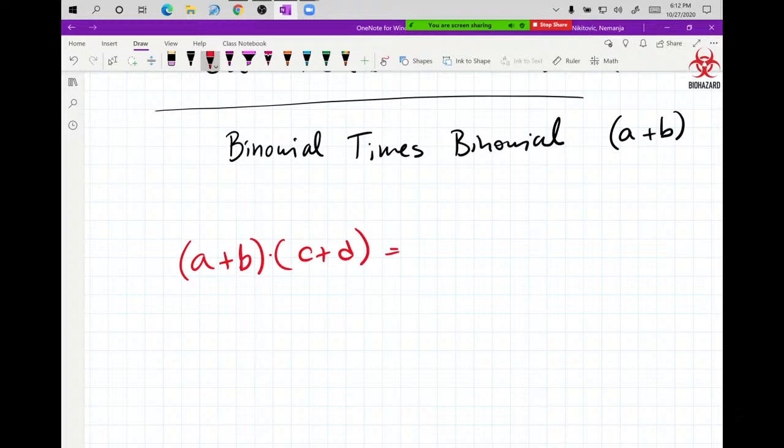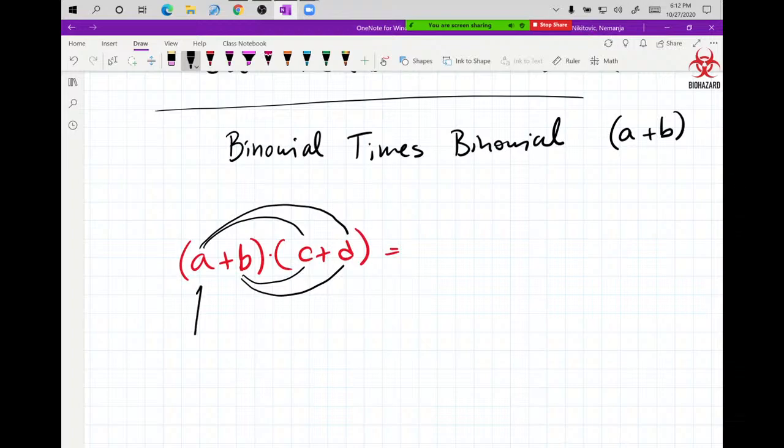And the way this is done is you distribute a into both, which is what we did so far, right, since the beginning of the class. And then you distribute b into both. So technically you do two distributions.